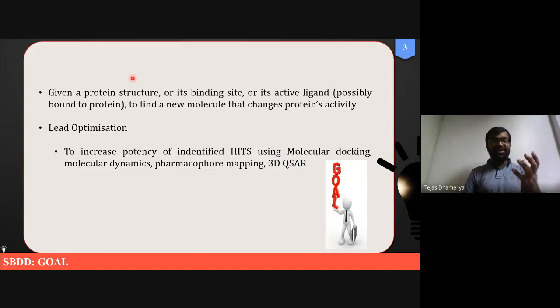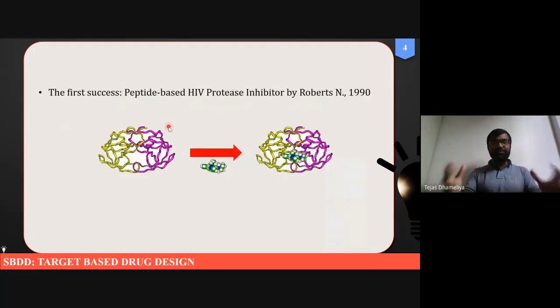You PharmD third year students are also eligible to take part in this hackathon. If you know structure-based drug design, then you can very well take part in such a national level competition. So let us learn structure-based drug design.